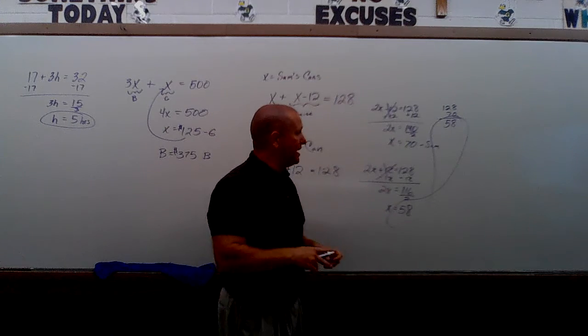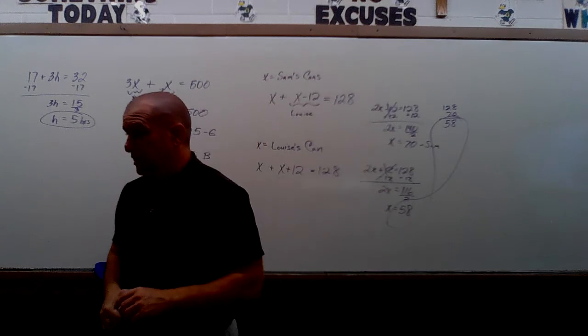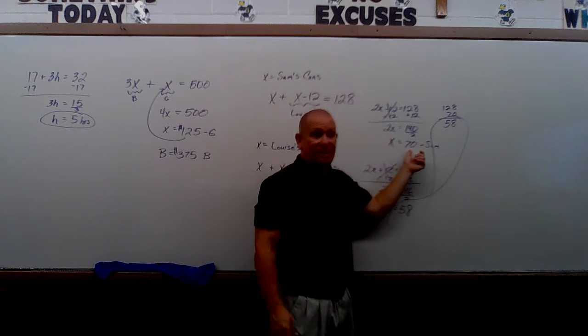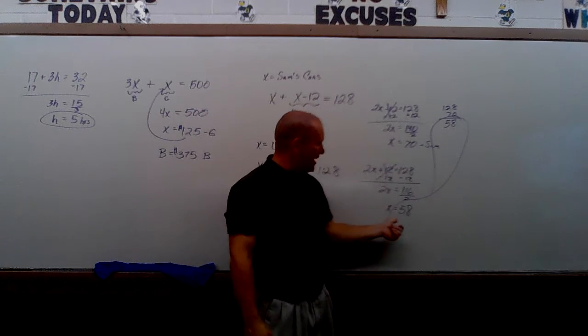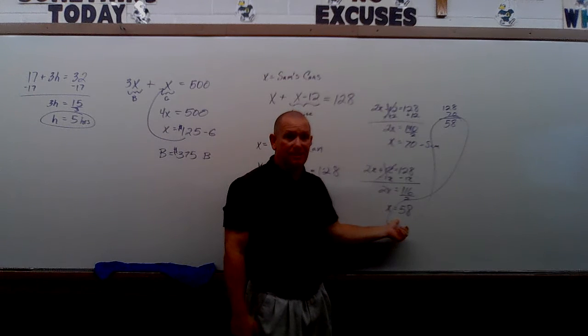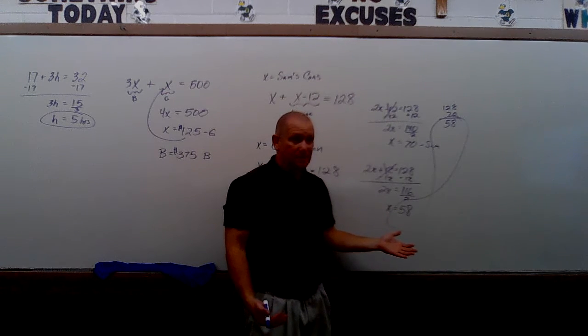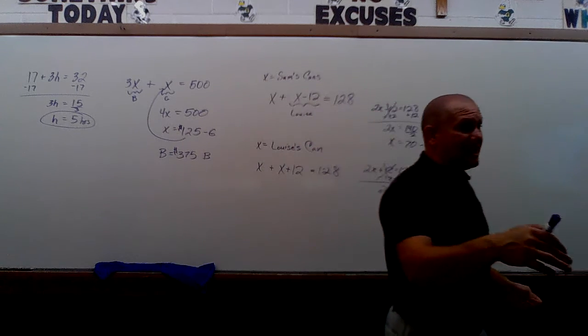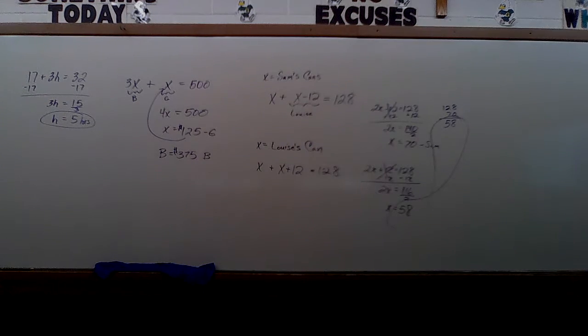If you're going to get help from somebody next to you, and you say, well, what was your answer? I got x is equal to 70. And Grace said, well, I got x is equal to 58. You're both right, but you're probably going to confuse each other, right? So the question that you have to ask before you give your answer is what? How did you do the problem?